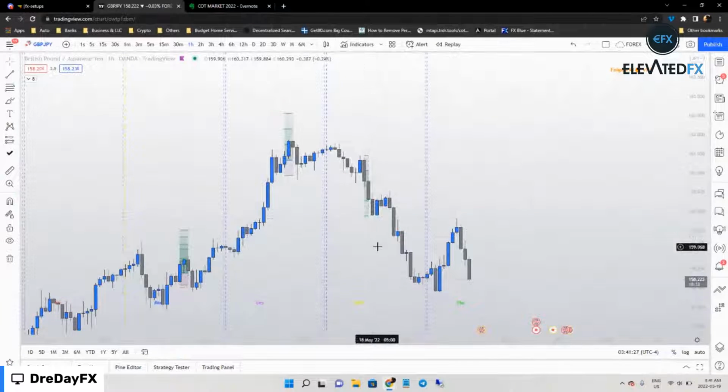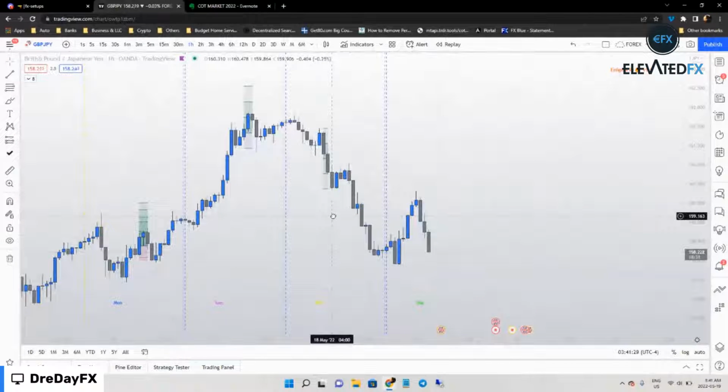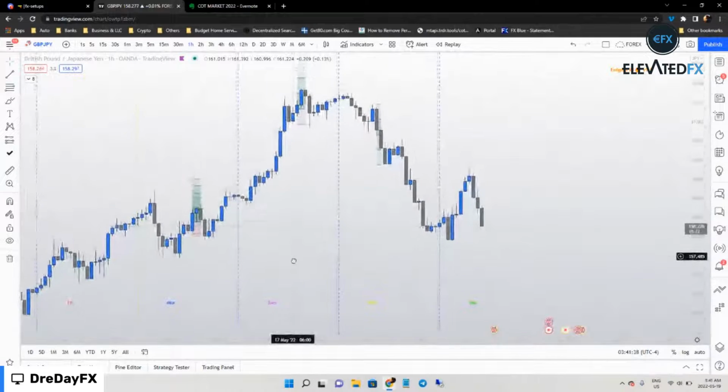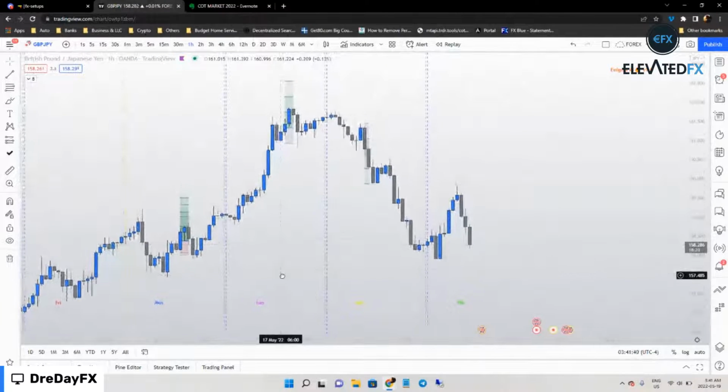It smashed TP3. Okay, so far, those were good setups here overall. And if you look at the actual market for the week for GBP JPY, there was a lot of opportunity to get in and get some pips.